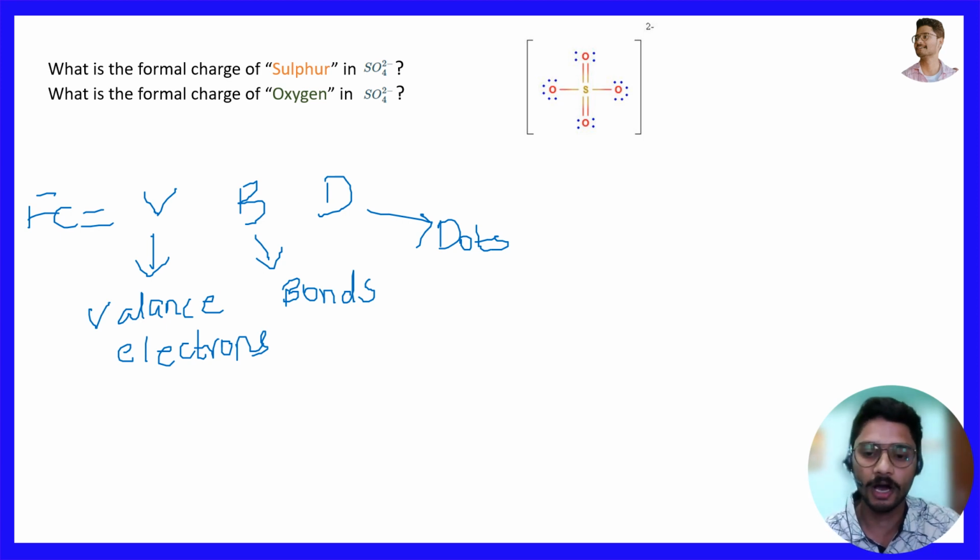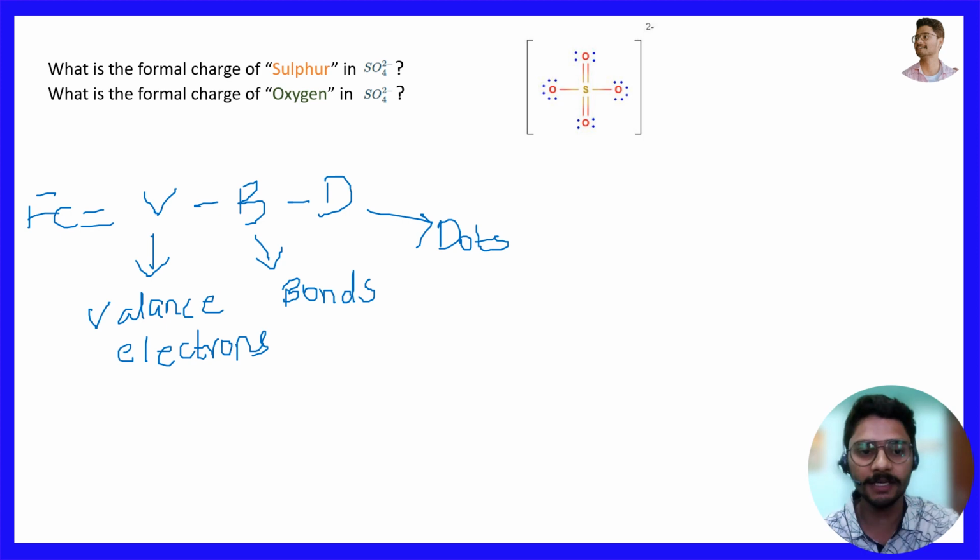If you don't know how to write a Lewis dot structure, soon I am going to make a video on that. You can refer to that. So we have to subtract: V minus B minus D. When we subtract the bonds and dots from the valence electrons, we get the formal charge on the atom, right? This is the formula to find the formal charge.